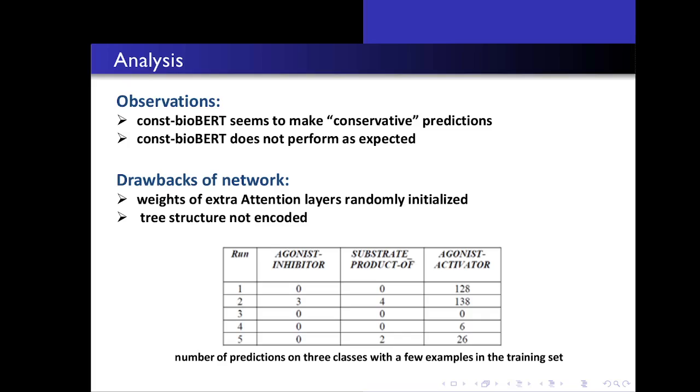For models without syntactic information, we score 0 on these classes because we did make some predictions for these classes, but they are not correct. But for those models with syntactic information, no or much fewer examples are predicted in these 3 classes. It means that integrating syntactic information makes our predictions more conservative.